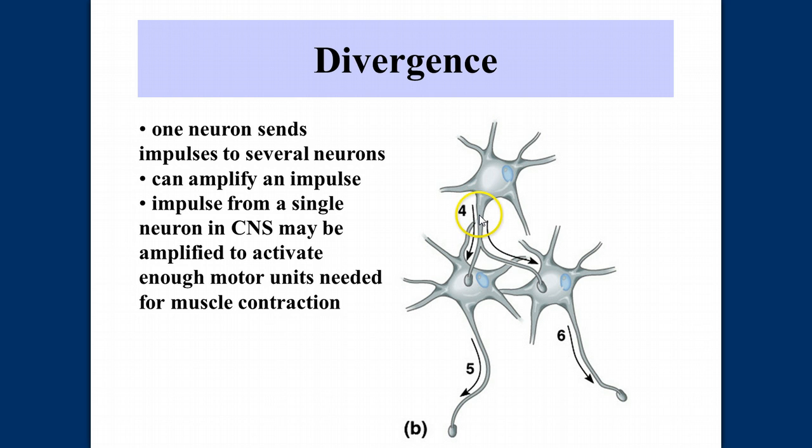An action potential generated on an axon does not lose its strength with distance traveled. So the impulse intensity remains the same on these axons. And that impulse can or may be amplified to activate enough motor units needed for muscle contraction, for example.